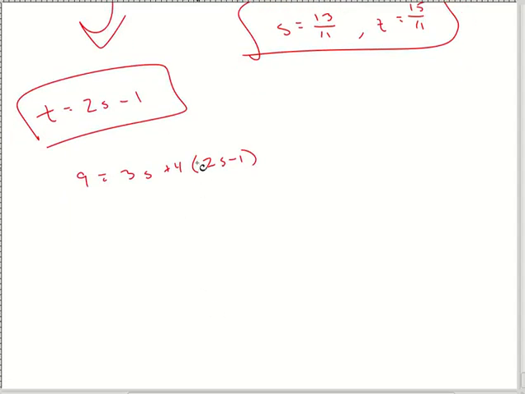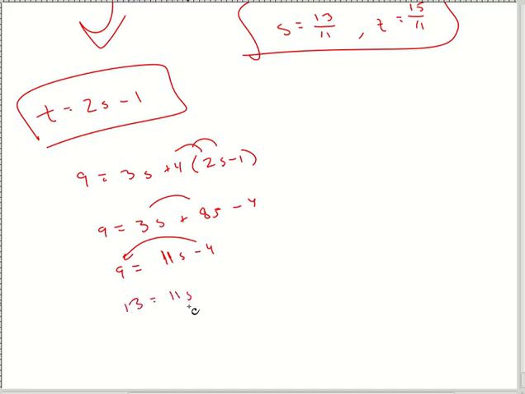And then I can start solving for s. So distribute the 4. Okay, cool. Combine these two together. 8 and 3 makes 11s. Move the 4 over, so you're adding 4 to make a 13. And you can see, divide by the 11. S is equal to 13/11.